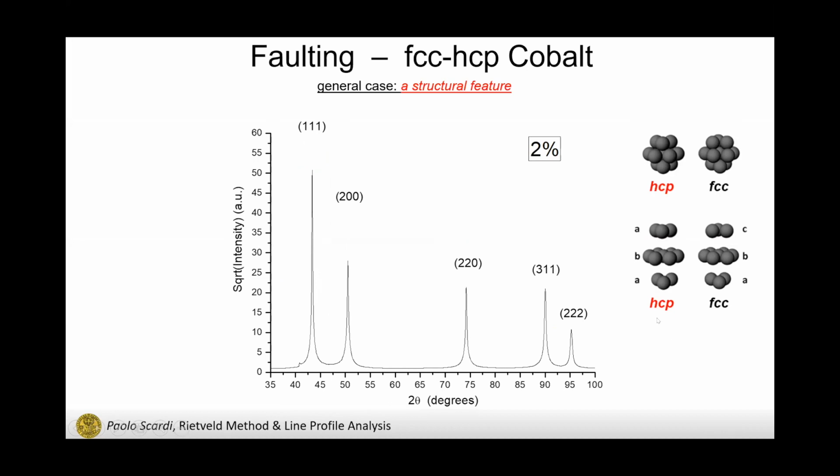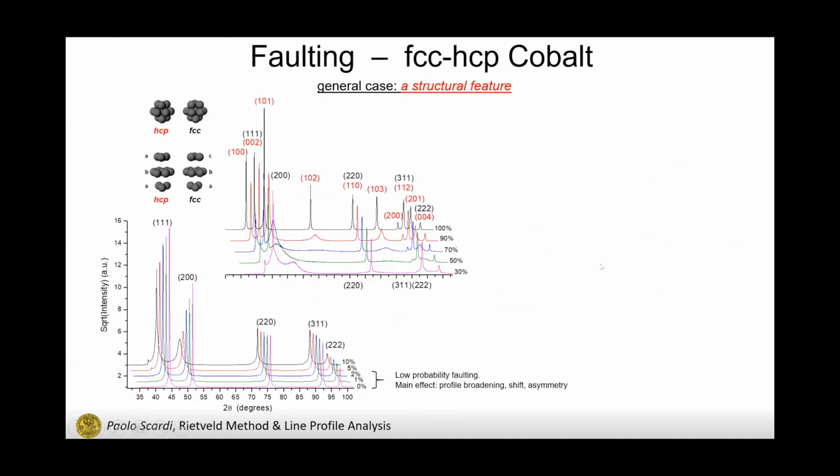As the percent of fault increases, you need a structural model, which was actually used to fit this data within Topas. So, low probability gives a main effect on profile broadening, shift, asymmetry, which is very much compatible with the WPPM approach. Larger probabilities give basically something else.